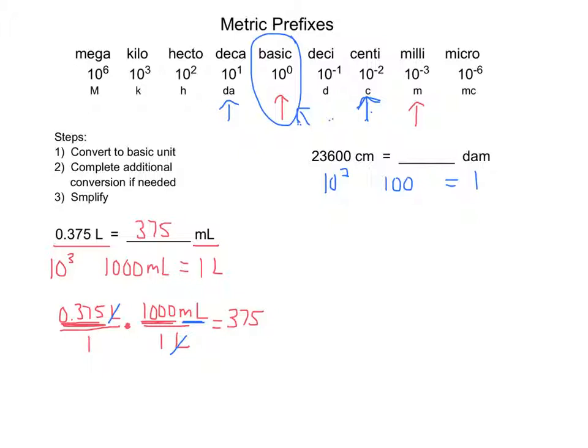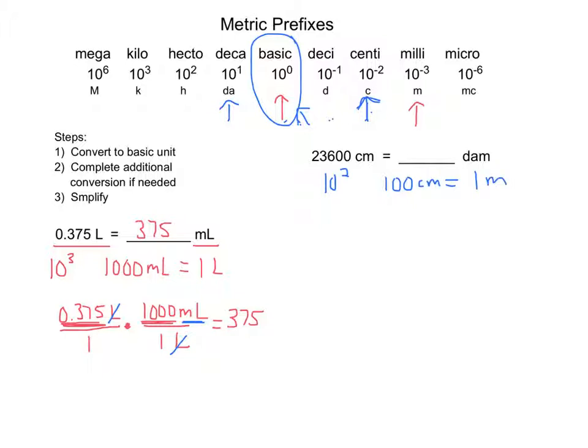So centimeters and meters. Well, centimeters is here on the right side, meters is on the left, so that means that I have 100 centimeters in 1 meter.